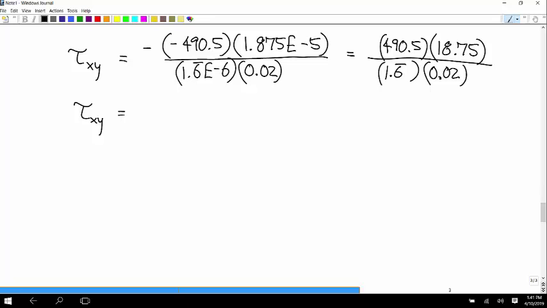And what do you get for that? 2.76 times 10 to the fifth pascals.